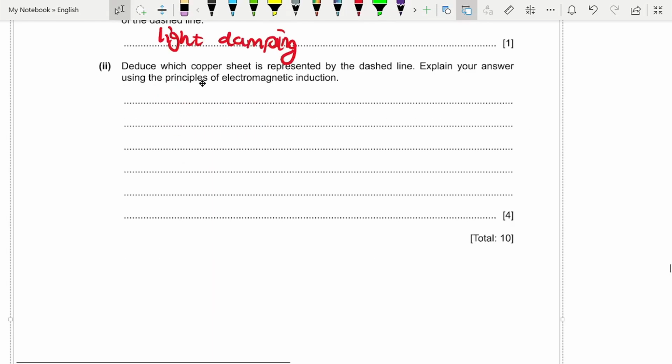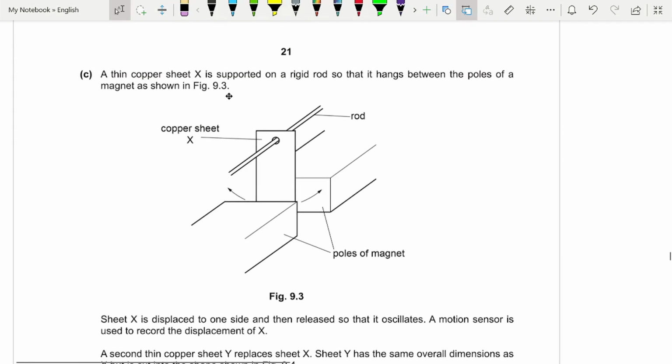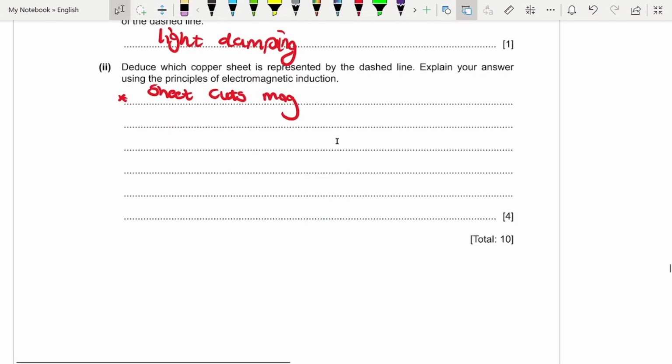We've been asked to deduce which copper sheet is represented by the dashed line. Explain your answer using the principles of electromagnetic induction. Pretty tricky, but let's try it. Which copper sheet is represented by the dashed line? Our sheets cut the magnetic flux, and as that is occurring, it's going to cause an induced EMF.